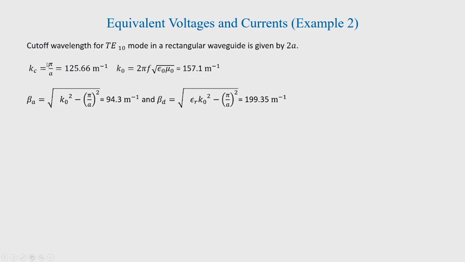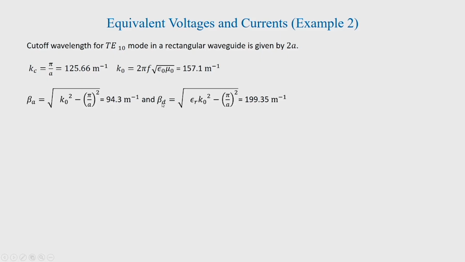So, once we know k naught, we can find beta a, the propagation constant in the air filled waveguide, and that will be given by root of k naught square minus pi by a whole square, and if you substitute the values, you will get the value of beta a to be 94.3.